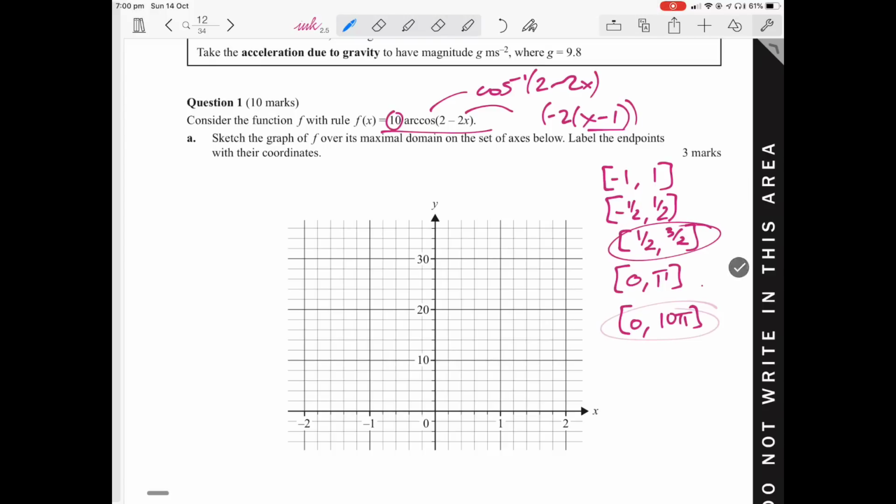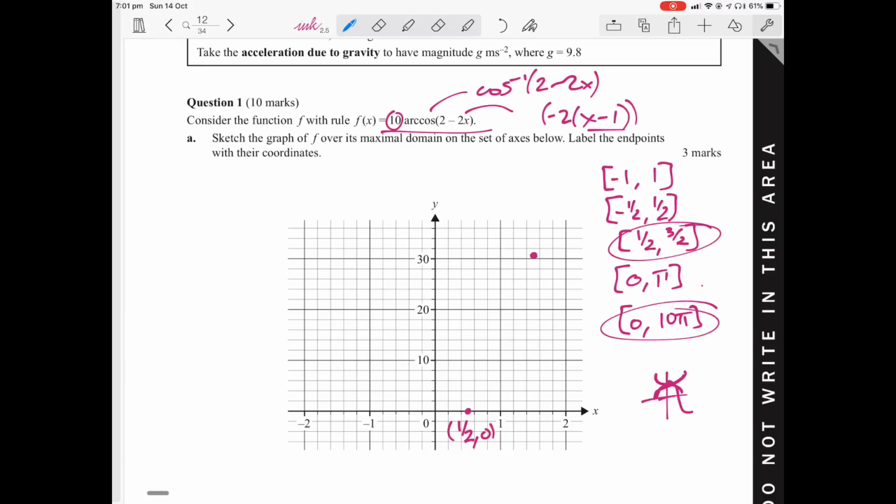And it's been reflected. So what does a cos inverse graph look like? Cos looks like that, so cos inverse looks like that. When it's reflected, it's going to look like that, but it's been moved to the right. So now it starts at 1/2. We know it's going to finish at 3/2, and the top is 10 pi, which is about 31. Label the endpoints with their coordinates.